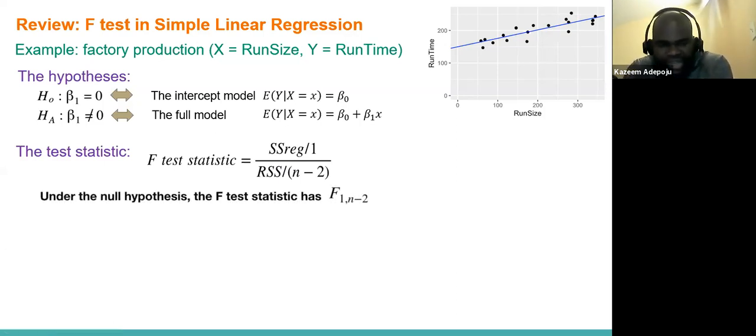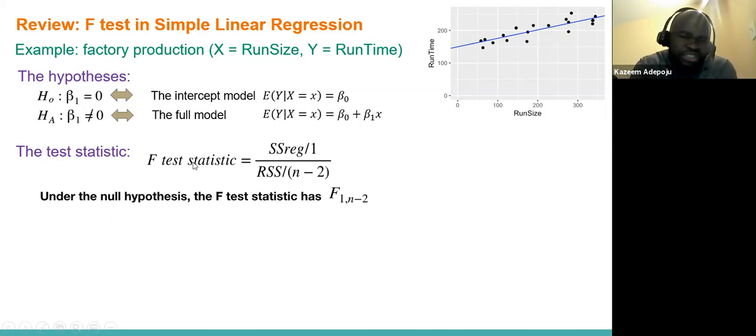Okay, the next thing I want to talk about is what is the probability distribution of my test? I want to tell you this: anytime you have a test statistic, anytime you are conducting a hypothesis test where you want to use a test statistic, you need to be able to answer a question that has to do with the probability distribution under the null hypothesis.